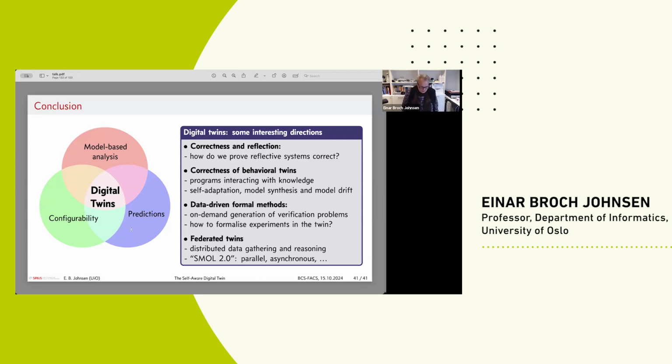And I should mention, just to end, that I think the future is in having distributed digital twins, but actually how to do a Small 2.0, which is more actor-based, so parallel and asynchronous, I don't know. The semantic lifting will have races with querying, so there might be issues there that will need to be resolved before one would know how to do semantic or self-aware distributed twins.